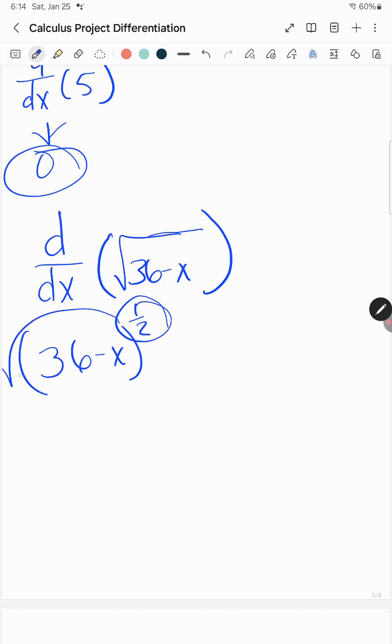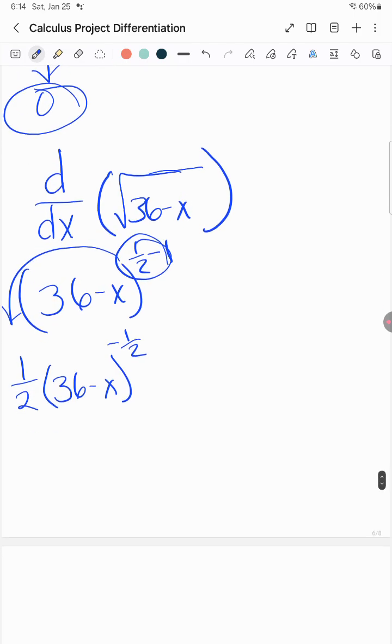We're going to take that 1/2 down in front. 36 minus x. We have to take 1/2 minus 1 because that's our power rule. So we get a negative exponent once again, just like in the previous problem. And we're left with 1/2 times 36 minus x raised to the negative 1/2. We need to multiply that by the derivative of the inside.